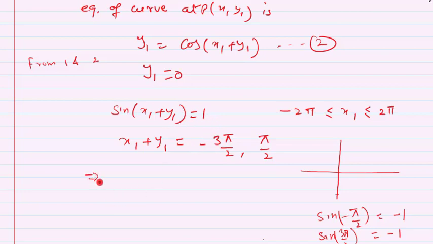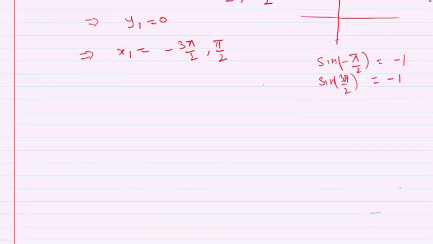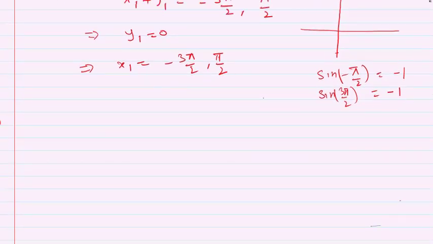So as y1 is equal to 0, this implies x1 is either minus 3 pi by 2 or pi by 2. Now we need to calculate the equation of the tangent at the two points. So we have the points P(minus 3 pi by 2, 0) and P(pi by 2, 0).